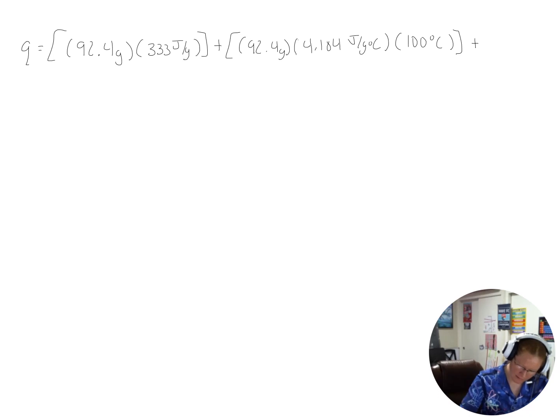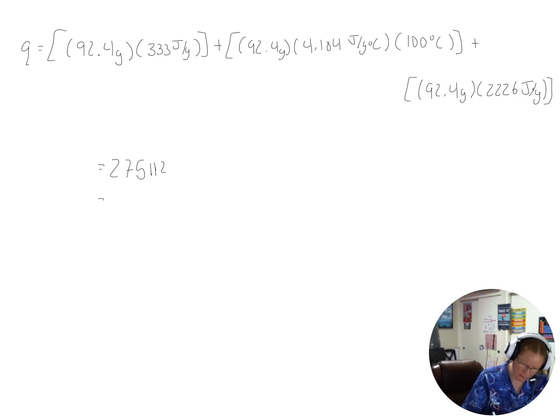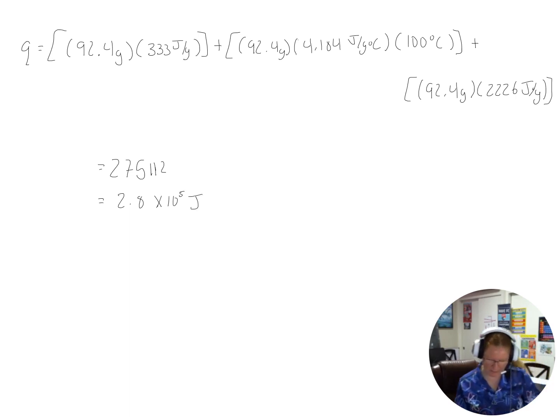And then here is our vaporizing. When you do it all, you should get 275,000. Sorry, I cannot read my own handwriting. And then we have 2 sig figs again, so we're going to take this to 2.8 times 10 to the 5th joules.